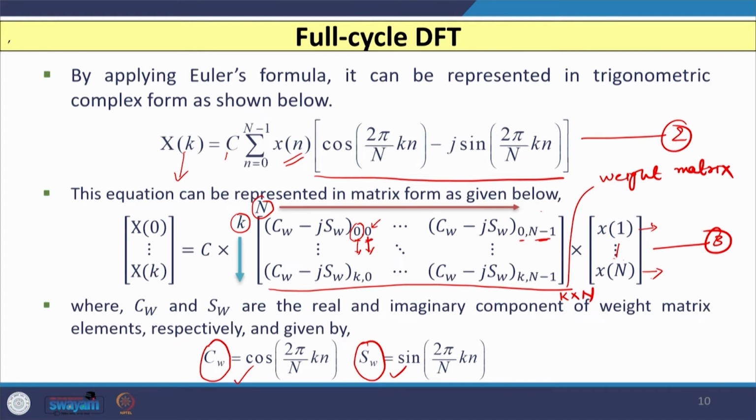You increase k until you reach the final value of k, which goes from k to 0 up to k to N minus 1. So, this is how the weight matrix, which contains Cw and Sw, has a size that depends on k and N.